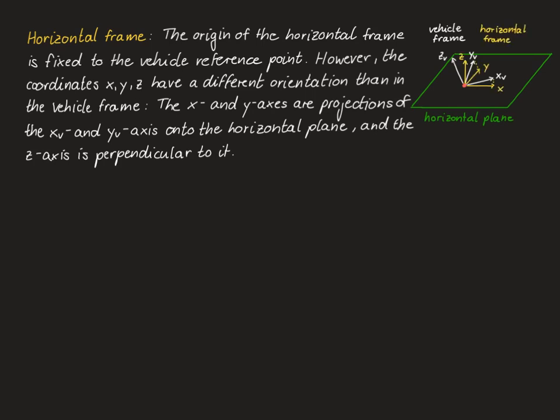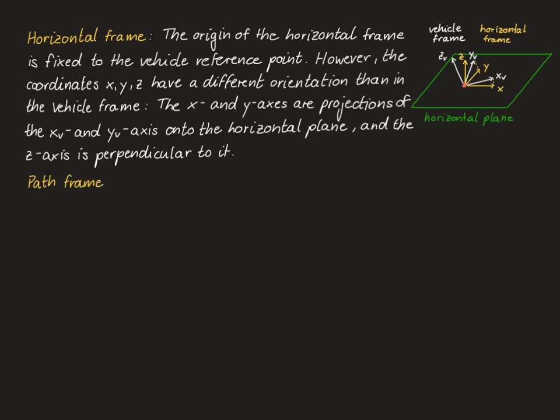Now the x-axis and the y-axis of the horizontal frame are defined as the projection of the x_v axis and the y_v axis onto the horizontal plane. And then correspondingly the z-axis of the horizontal frame is the orthogonal vector to the horizontal plane.